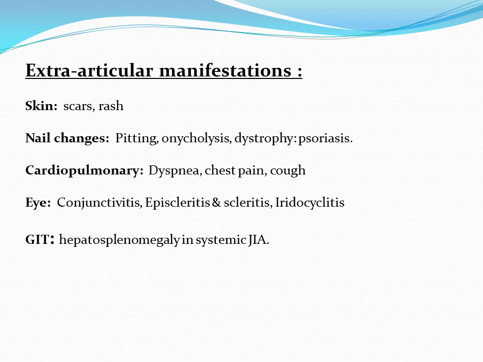We should also ask about eye manifestations such as redness of the eye, which may indicate conjunctivitis, episcleritis, scleritis, or iridocyclitis, especially in cases of oligoarticular subtype. We should also ask about any gastrointestinal manifestation such as hepatosplenomegaly in cases of systemic JIA.